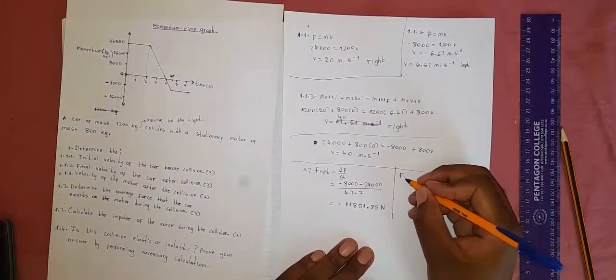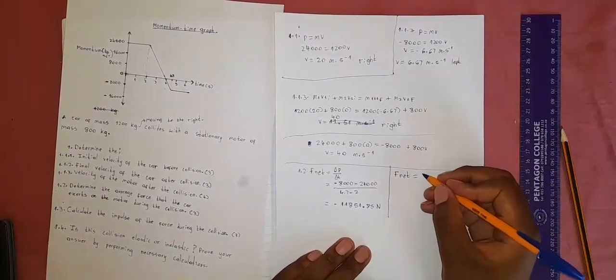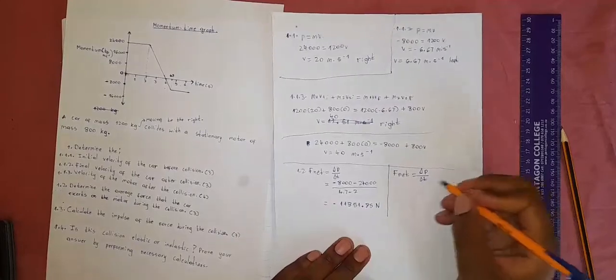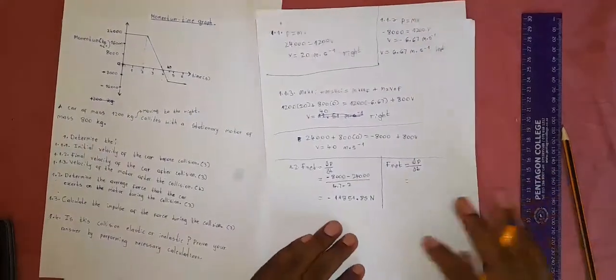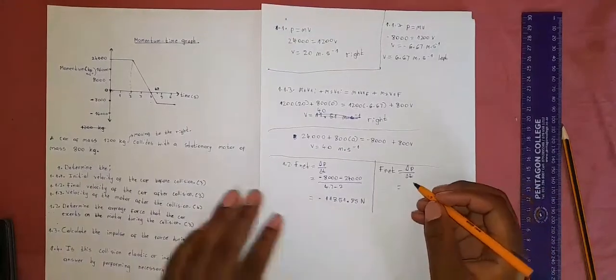Let me answer it here. Another way, this is option 2, is changing momentum over the change in time. So it equals the final momentum of the car minus the initial momentum.